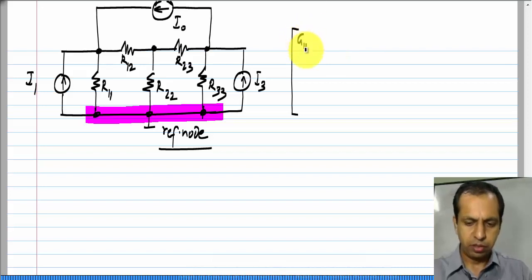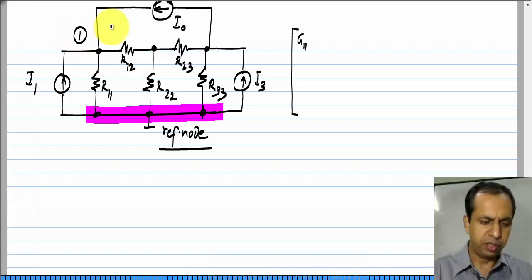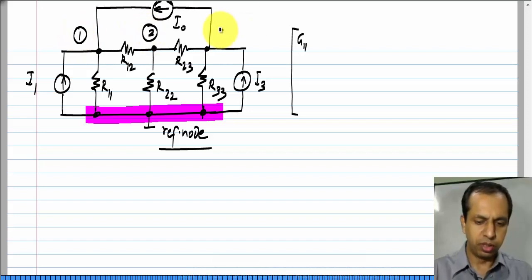So, if I do that, let me number the nodes like this 1, 2 and 3.